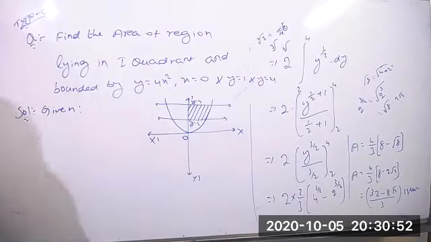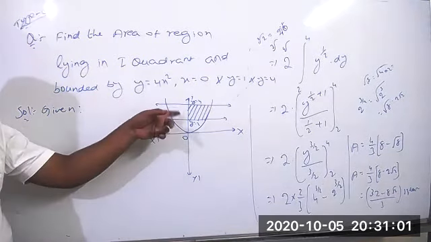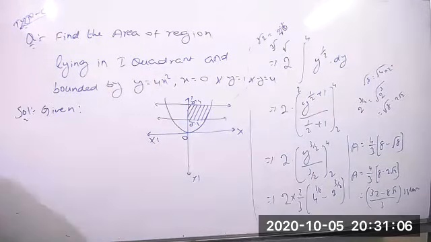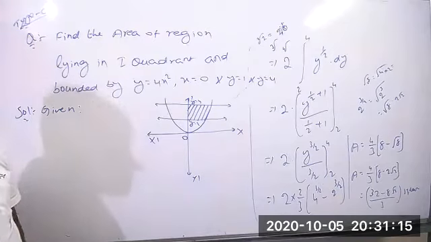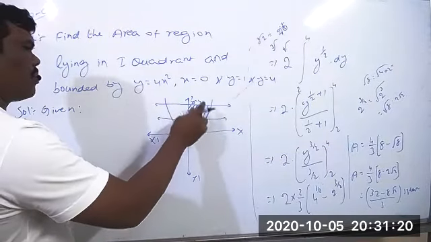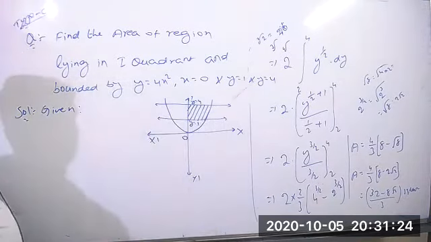That parabola we will get now, upward along the y-axis or along the x-axis? Sir, upward, sir, along y-axis. What is the meaning of x equal to 0? X equal to 0 means y-axis. Very good. Next, this is y equal to 1 and y equal to 4, correct? And again the same thing, we have to find out.